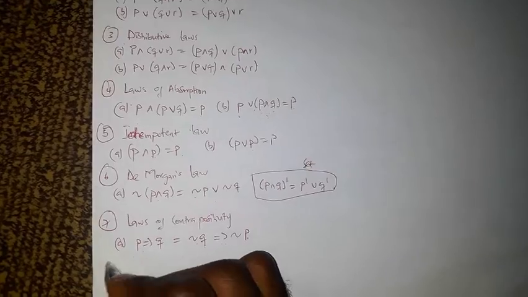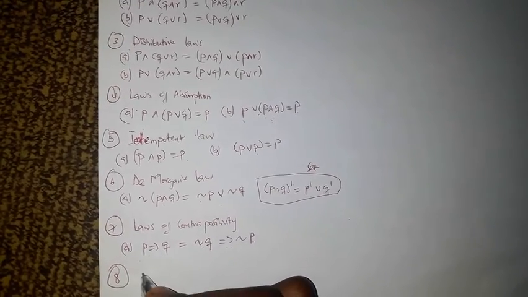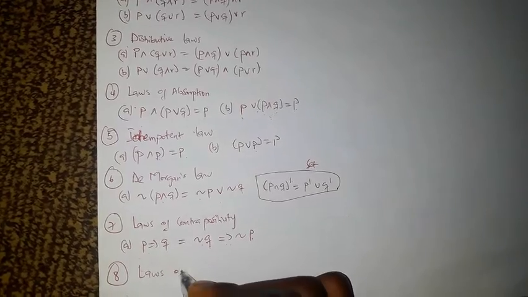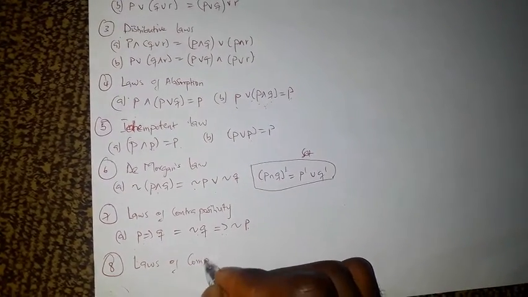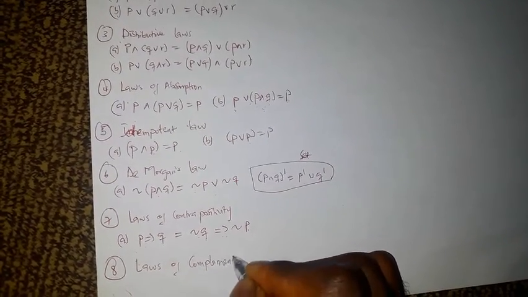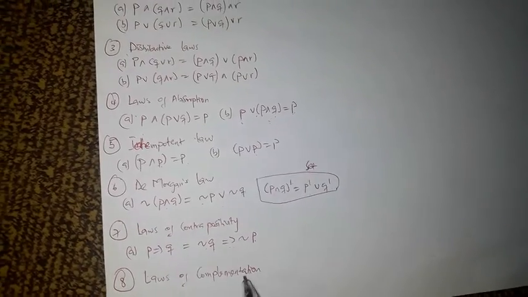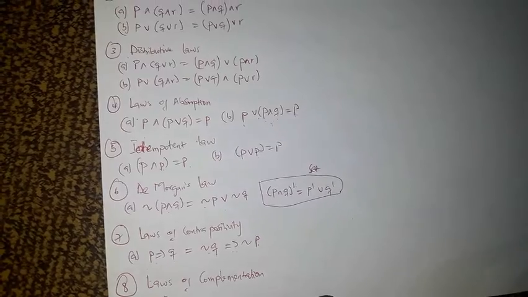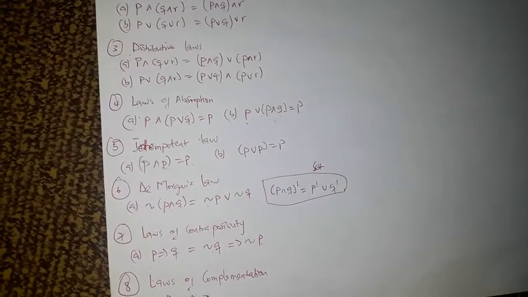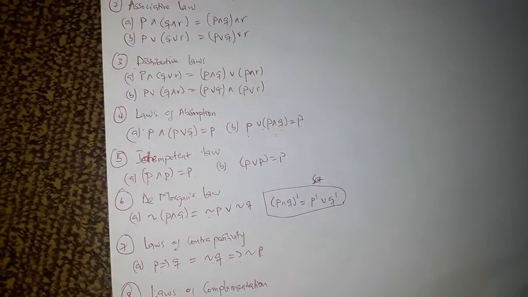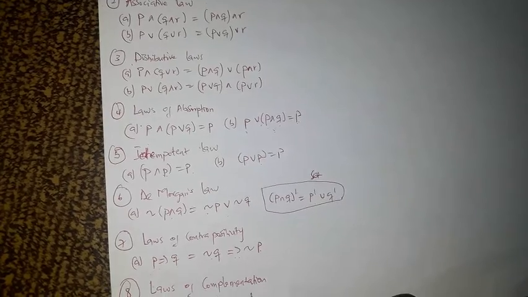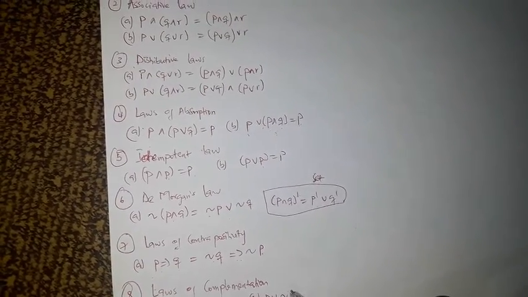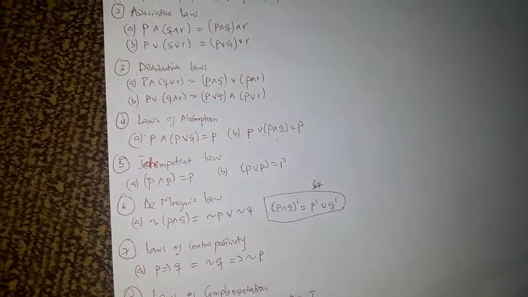Then number 8, which is the last one, we call the law of complementation. The first one: P and not P will give us false. For the second part, let me call that B: P or not P will give us true.